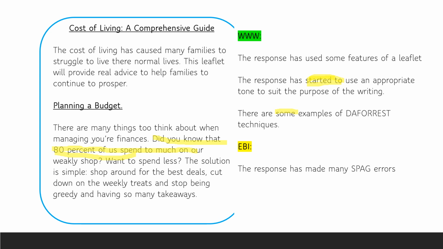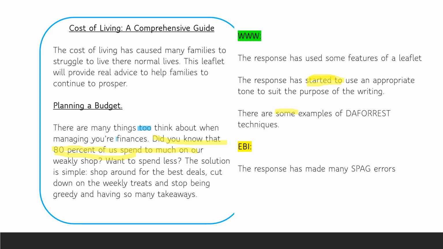And if we go through the second paragraph again, you can see we've got elements here that need to be changed. So for the EBI, even though I've used yellow there clearly for the EBI, I'm just going to highlight some things in blue to show the kind of grammatical errors that we need to be addressing. So you have words like to, which again you have 3 different forms of this word, each meaning something slightly different.